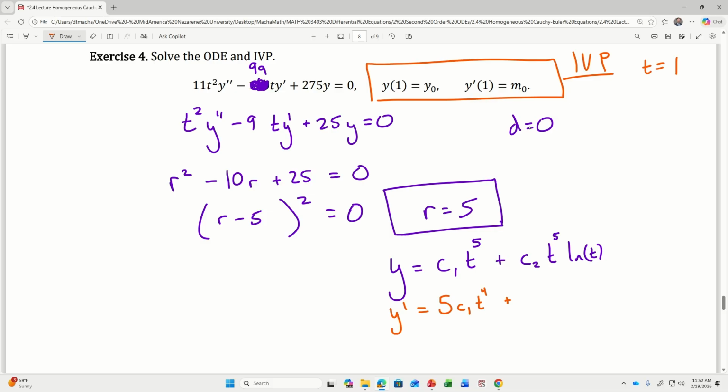And this is going to be product rule: 5 c2 t to the fourth natural log t plus c2 times t to the fifth times the derivative of natural log. That derivative of natural log is 1 over t, cancels out one of the t's.